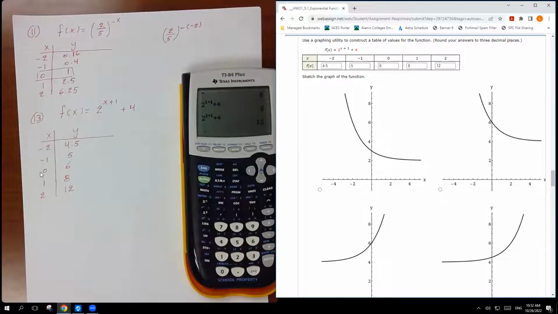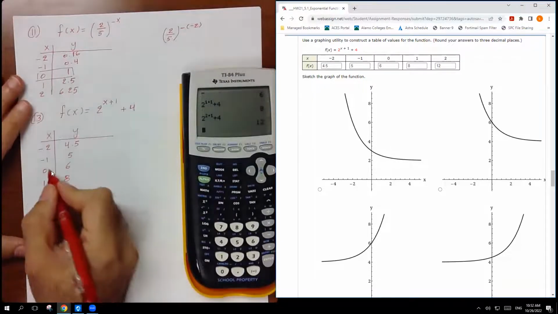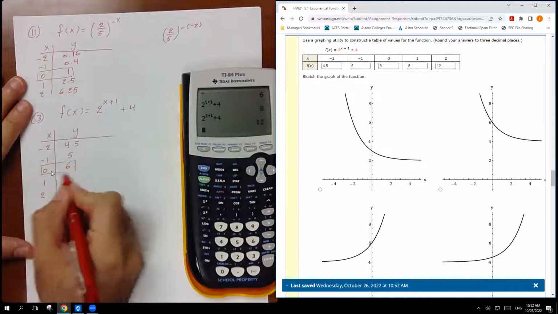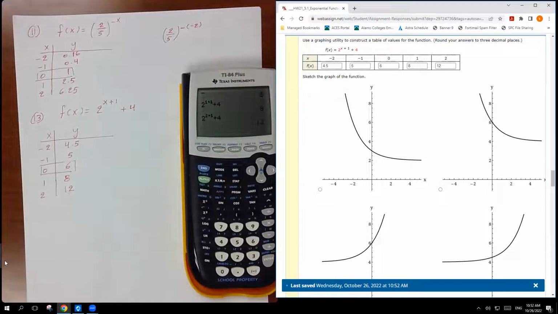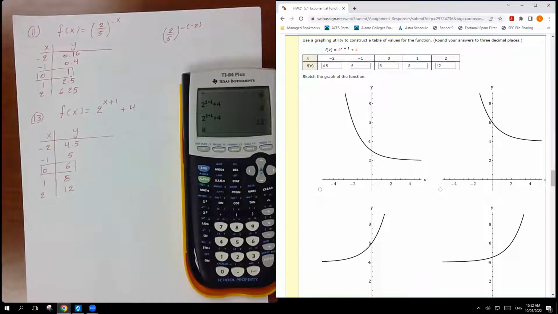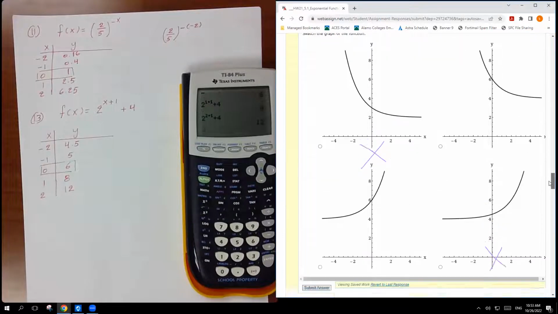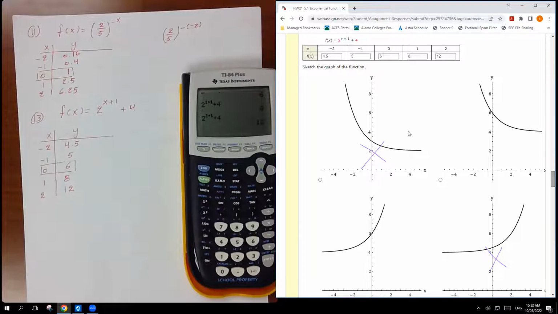So 0, 6 is the y-intercept. So I'm going to look, first of all, to the graph with the y-intercept 0, 6. This is not, because this is the y-intercept here. This is 0, 6. This is not. So it could be this one or could be this one. So let's check.